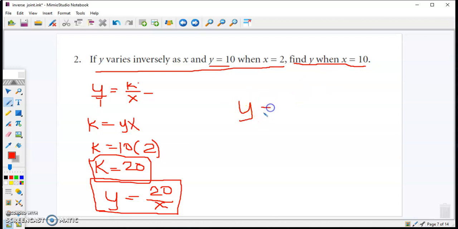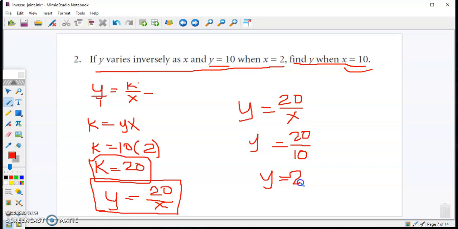So y is equal to 20 over x. By substitution, given is 10, your y now is equal to 20 divided by 10. And 20 divided by 10 is 2. So meaning to say, the value of y is equal to 2 when x is 10.